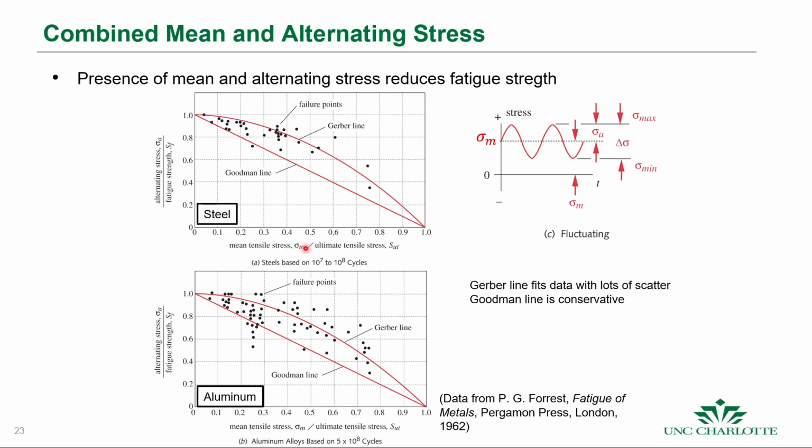Obviously, when your mean stress is equal to your tensile strength, you get failure. When your alternating stress is equal to your fatigue strength, you get failure. These are based upon a certain number of cycles, like 10 to the 7 to 10 to the 8 cycles, for steel. This one is for aluminum, based on 5 times 10 to the 8 cycles.